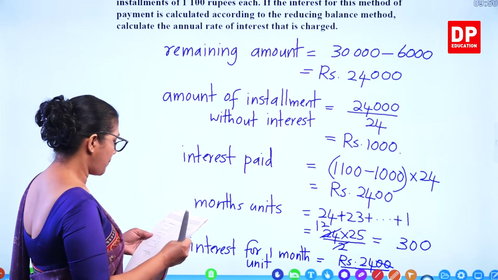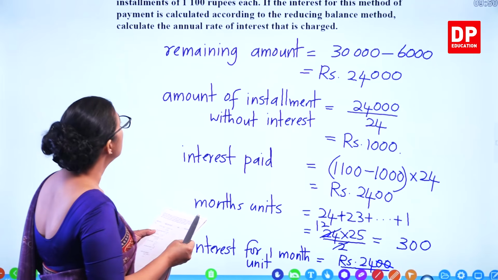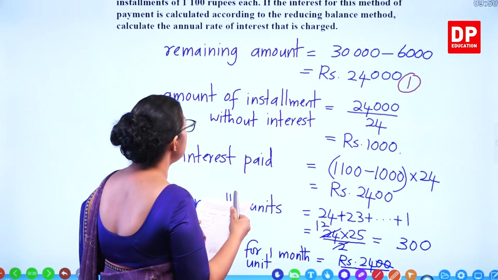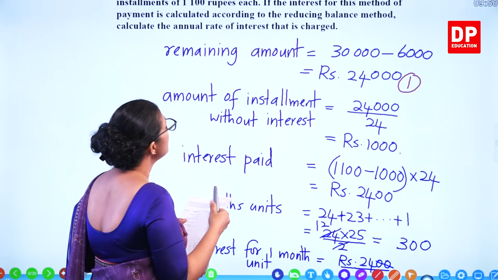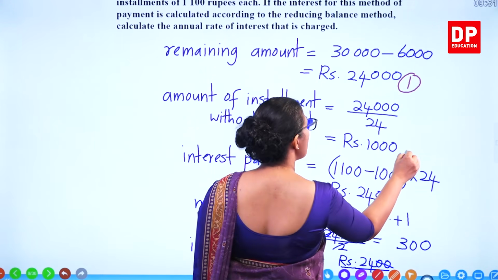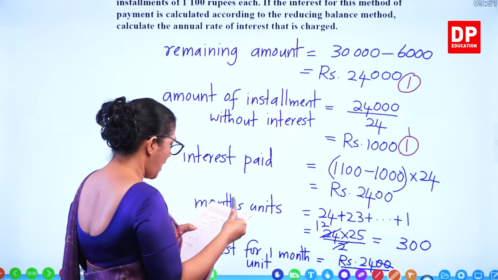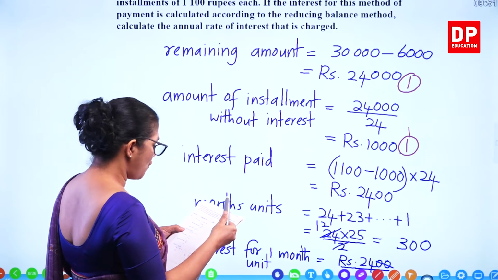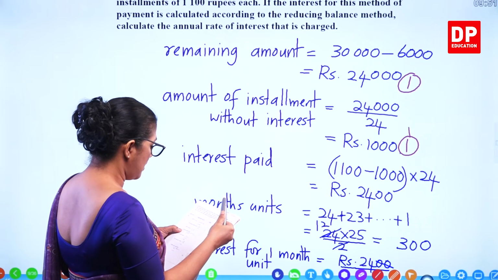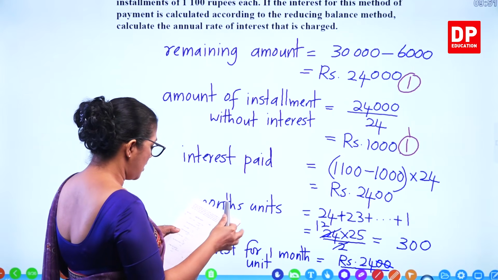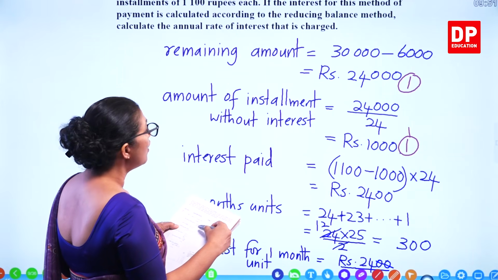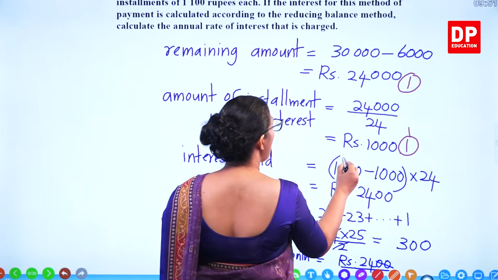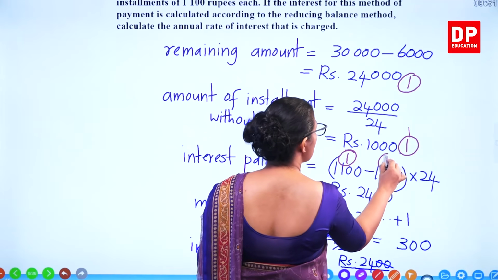So you get finding the remaining amount, that's 1 mark. And finding amount of installment without interest, 1,000 rupees, 1 mark. And the interest paid 2,400. Here you get 3 marks for those steps. So 1 mark here, 1 mark and 1 mark.